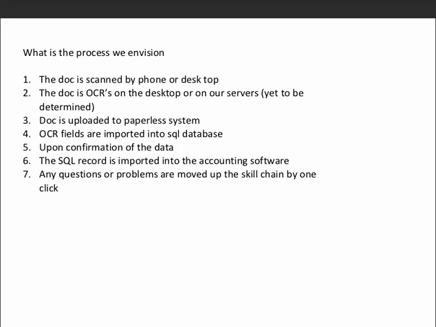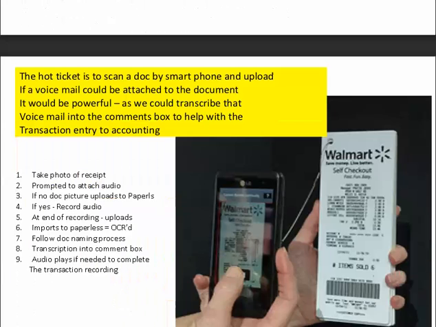That one record can be exported in a spreadsheet format, and that spreadsheet can be configured to import directly into the accounting software, and all of that can either be done on a batch or done one at a time. So if there are any questions or problems, the document will not import. It will automatically create a task on the master dashboard for the person assigned to that particular task for that particular client, so that they can look at it individually.